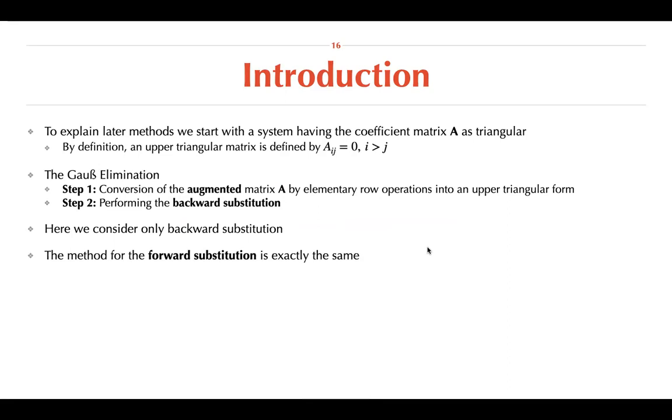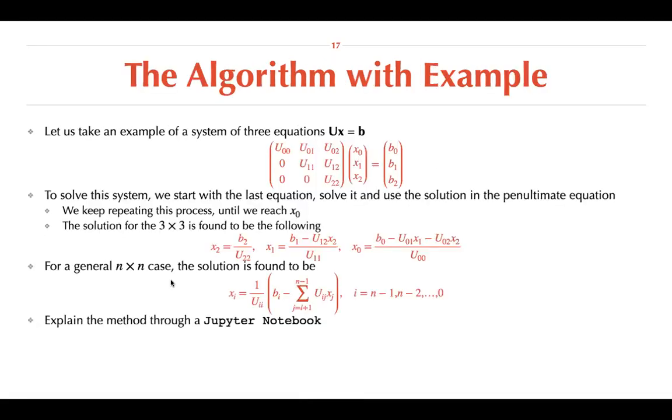Because eventually we are going to use backward substitution in Gauss elimination, it's worthwhile to discuss it anyway. The method of forward substitution that we will use eventually in the LU decomposition, I will talk about later. Okay, so this is the algorithm.